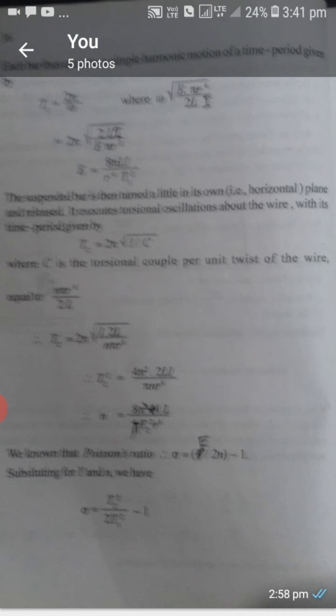Then that is 4 into 2, 8 pi L I by E r power 4. Then you bring this T1 square to the denominator, cross multiply, then you take E on the left hand side. Therefore E is equal to 8 pi L I by r power 4 T1 square.